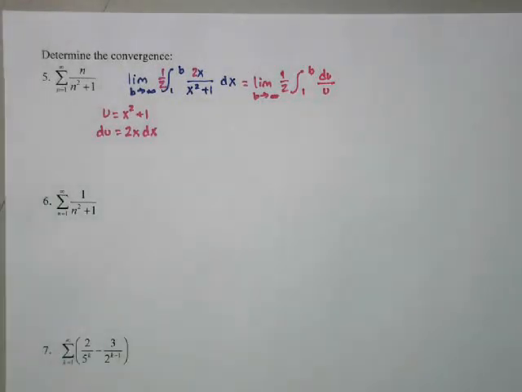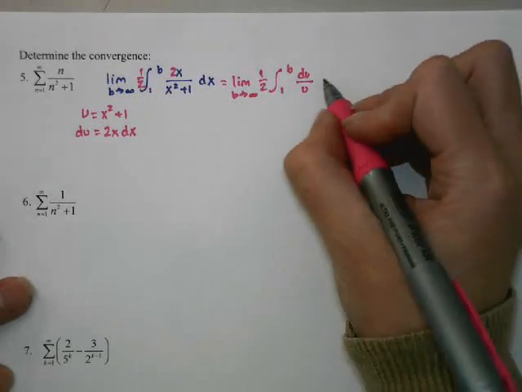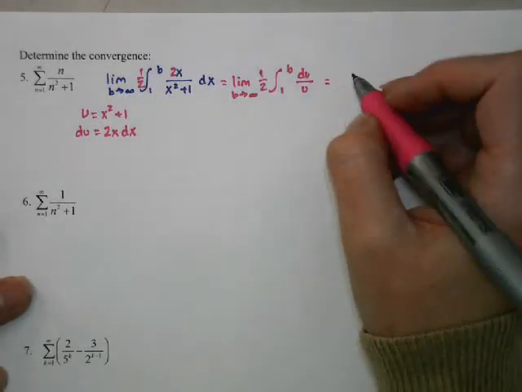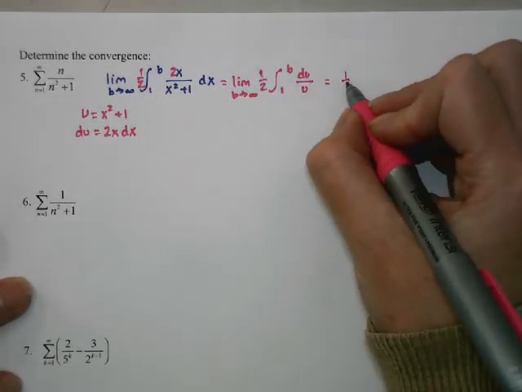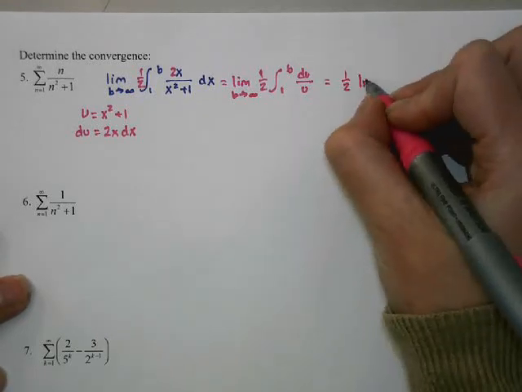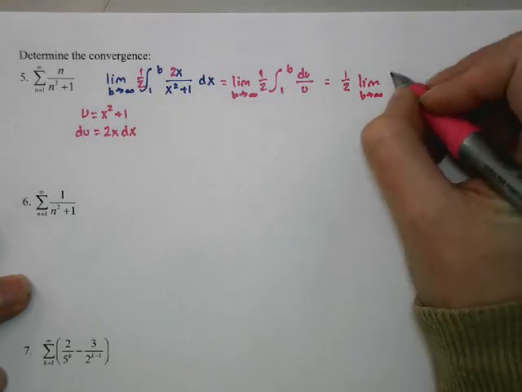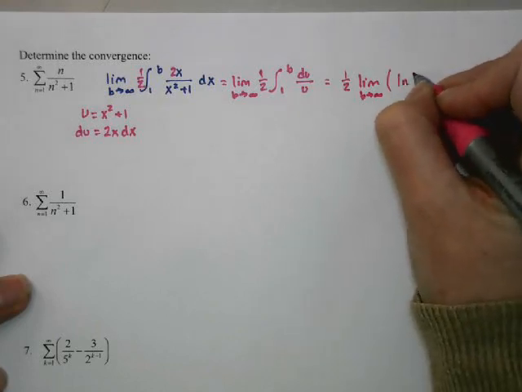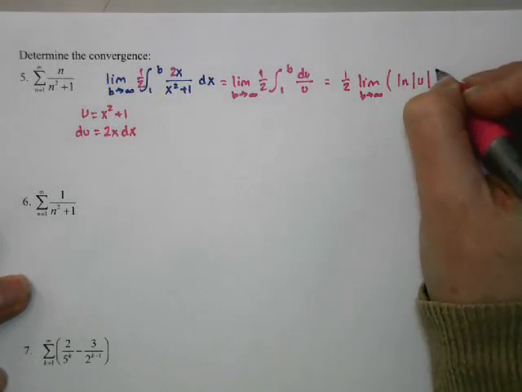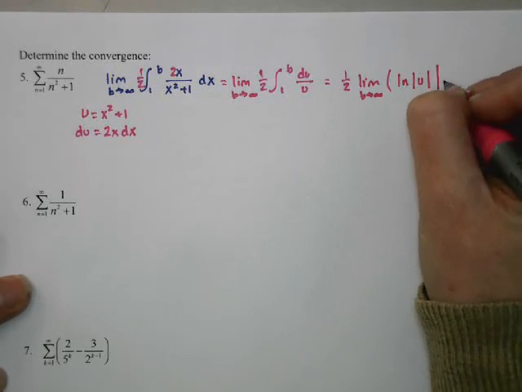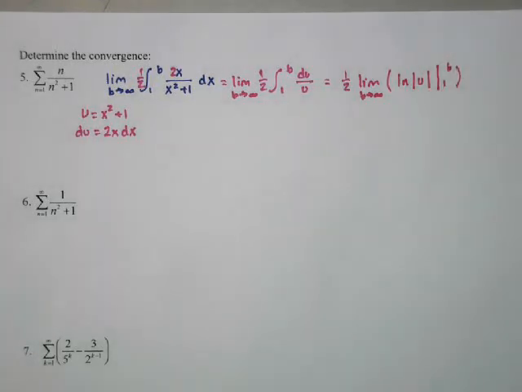Okay, so now we have du over u. I can integrate this. And I'm just going to pull this 1/2 out of everything. So this is going to be the natural log of the absolute value of u, evaluated from 1 to b.